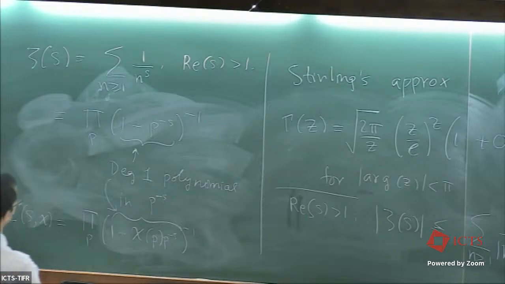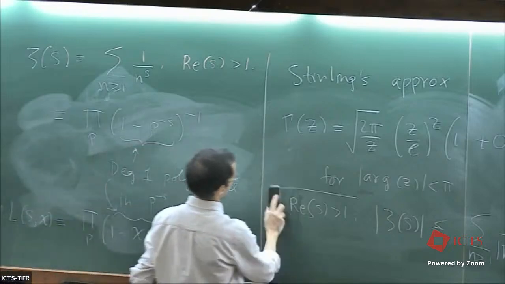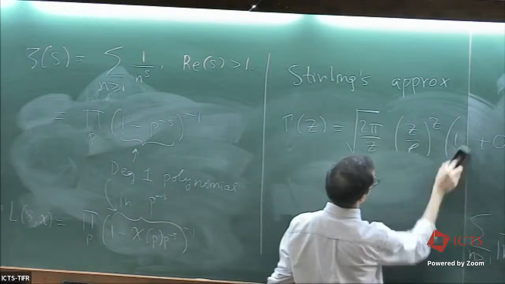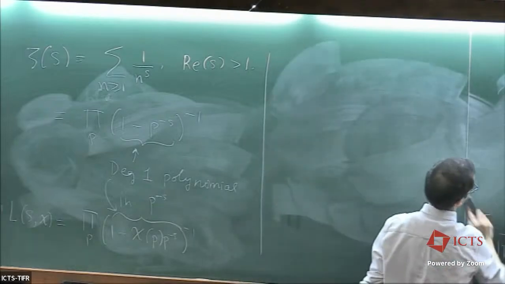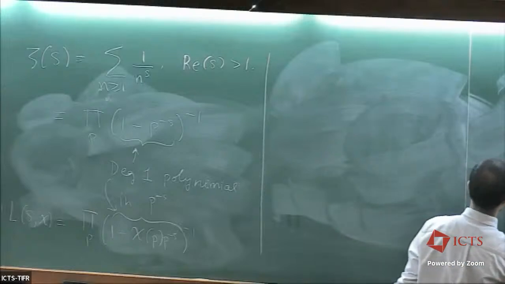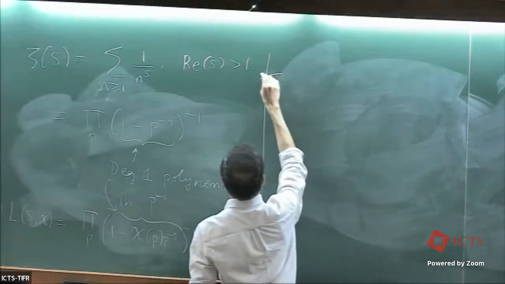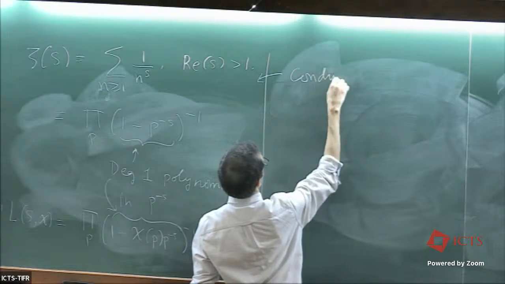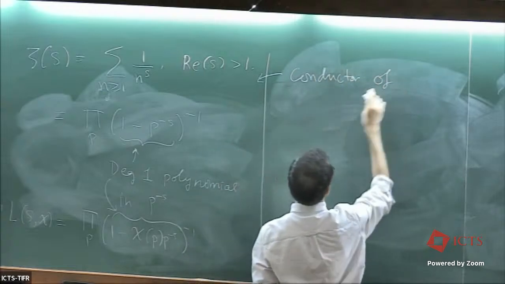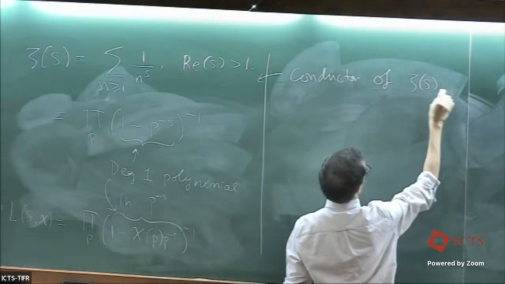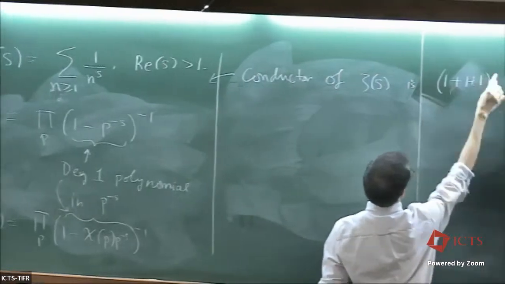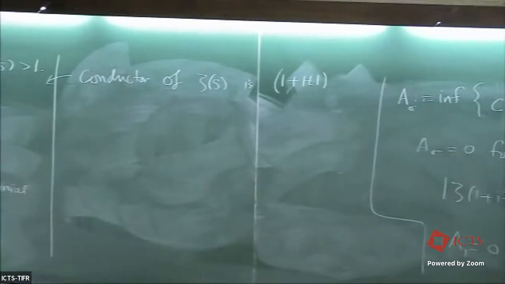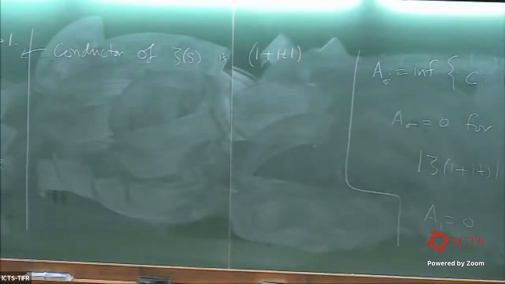And the conductor of this Riemann zeta function is going to be defined as 1 plus t raised to the degree of this L-function. In this case, it's 1 plus t.